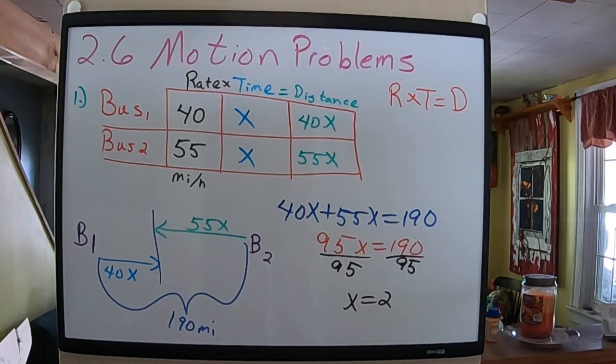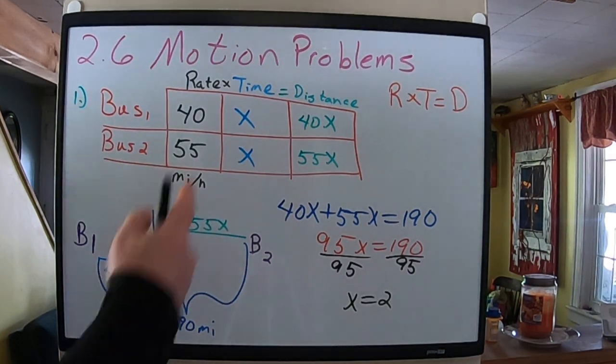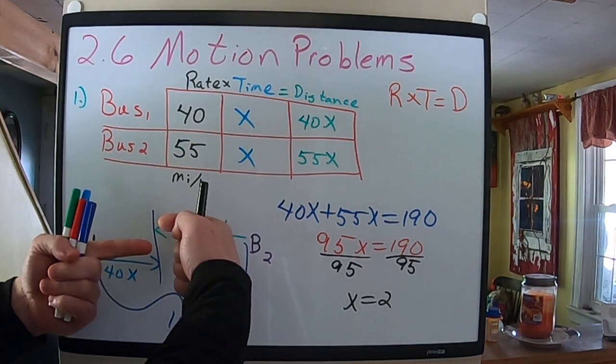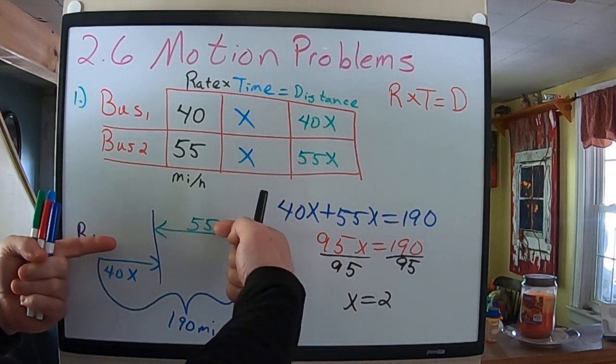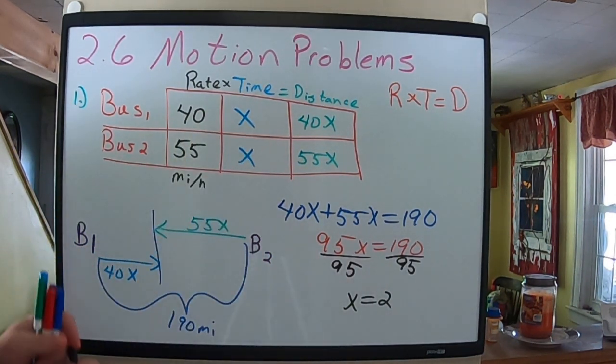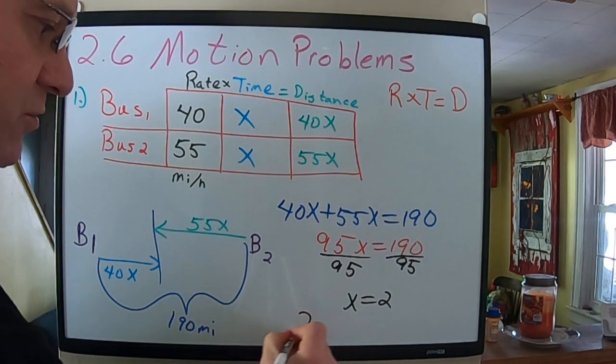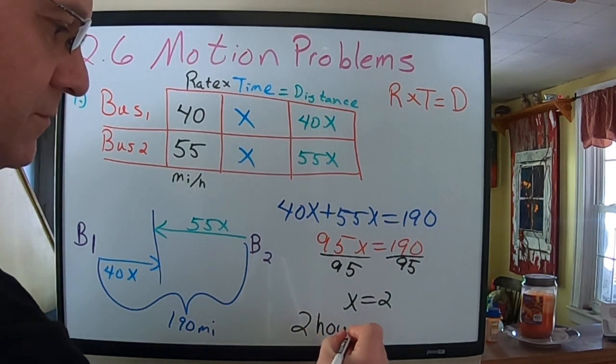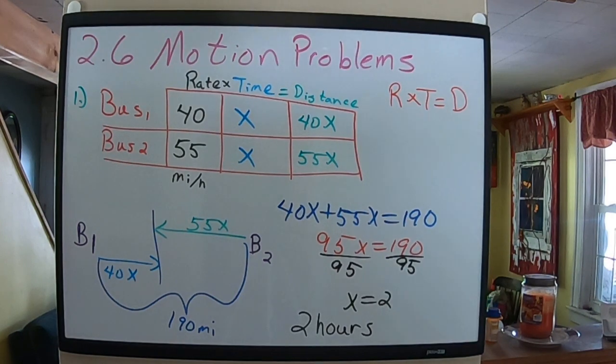Read the problem again to make sure what it's asking for. It says, in how many hours will they meet? x is the amount of time that they drove. They were driving for the same amount of time, and so x is 2 hours. And that is the amount of time it takes before they meet.